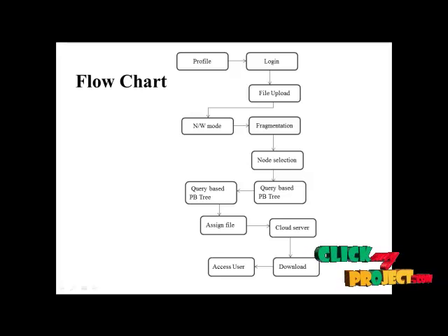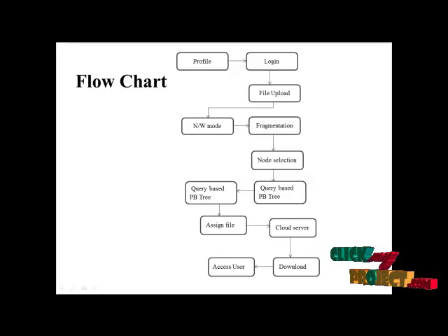Next one is the query-based PB tree. Here we assign some particular files. How many users are uploading files to the cloud, how many users are storing data on the cloud? The user details are stored in the database.